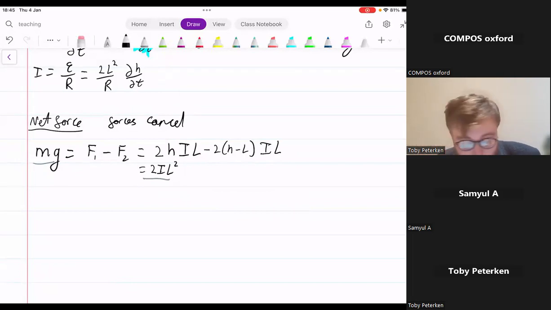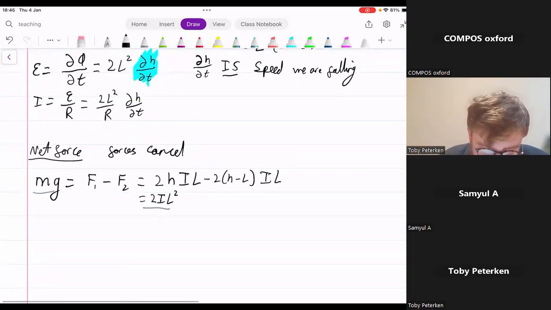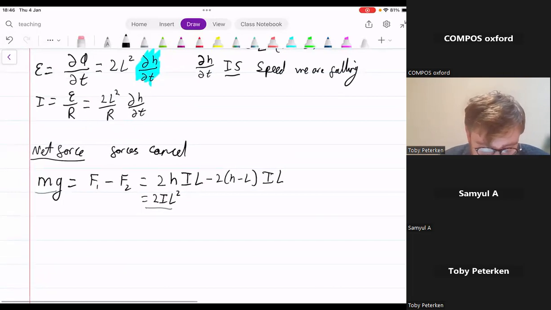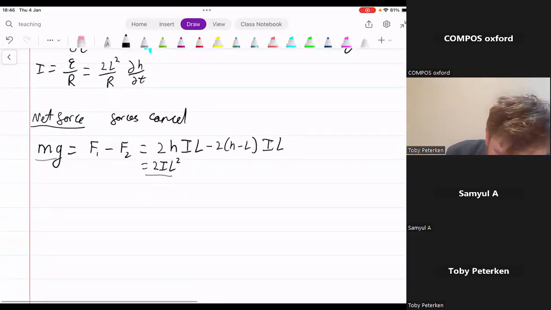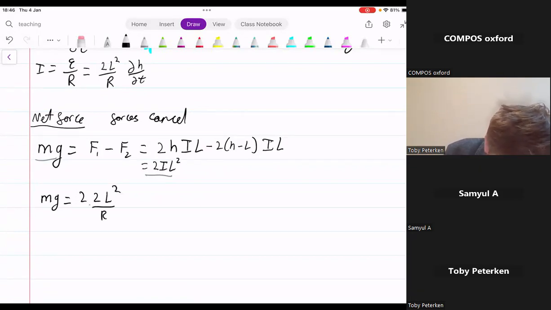Then remember we wanted dH by dt. So we need to sub in for I. We have mg equals 2 times, subbing in for I, 2L squared over R dH by dt.